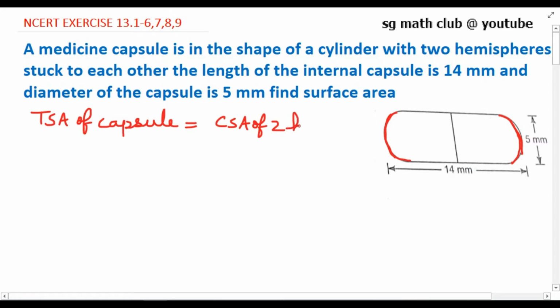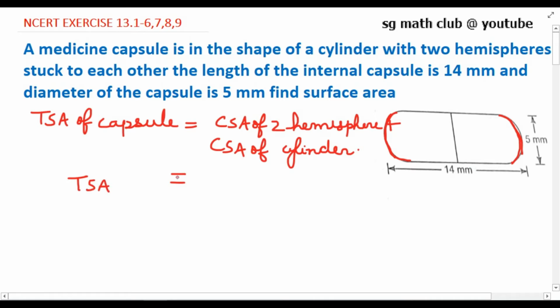So CSA of two hemisphere plus CSA of cylindrical portion. Now we know that the CSA of hemisphere formula is 2 pi r square. Since there are two hemisphere, I am multiplying with 2, plus CSA of cylinder formula is 2 pi r h.